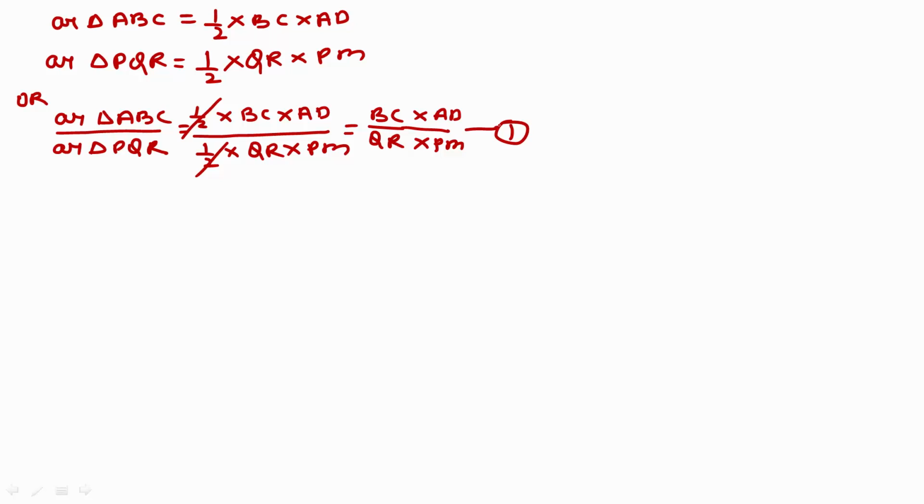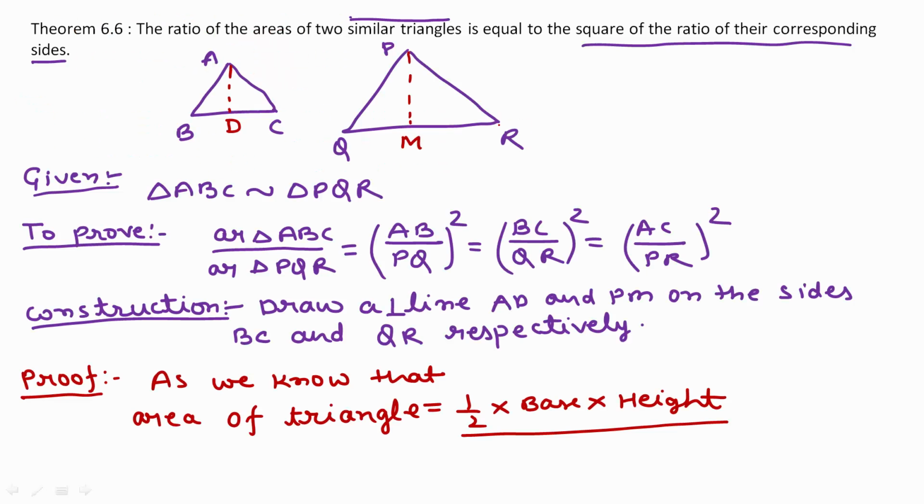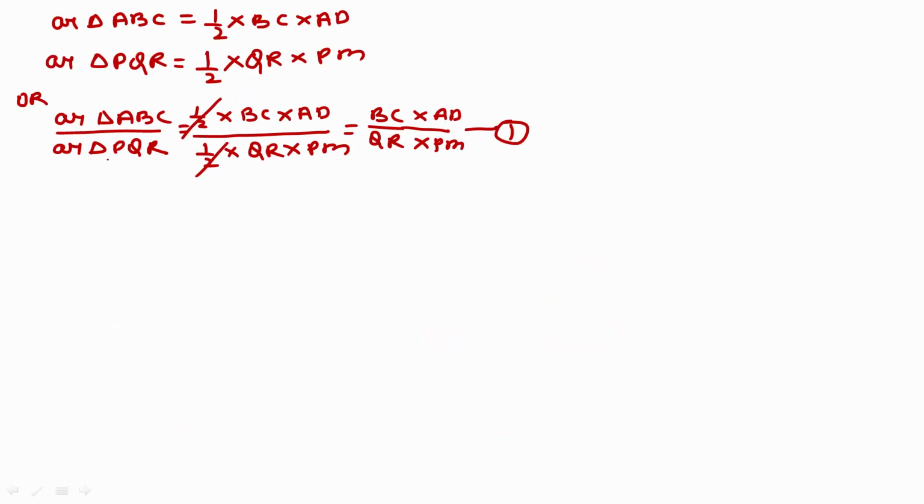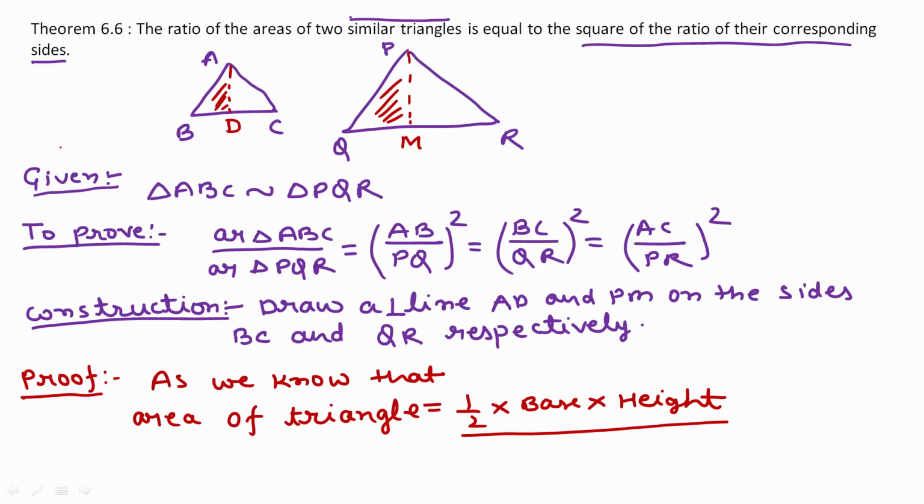Now see triangle ABD, this triangle, and triangle PQM, this triangle. In triangle ABD and triangle PQM, angle B is equal to angle Q because both triangles are similar.